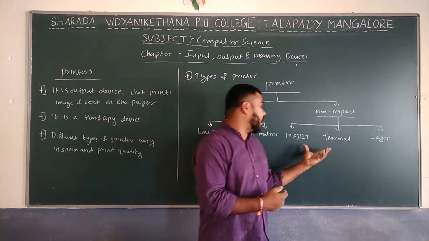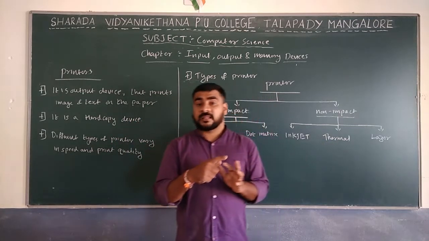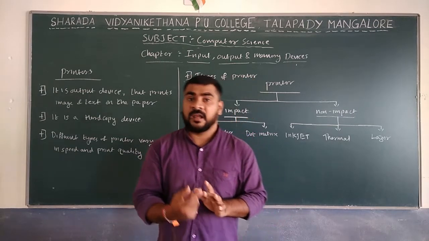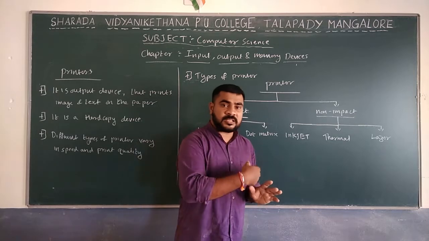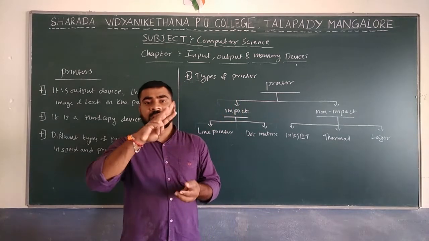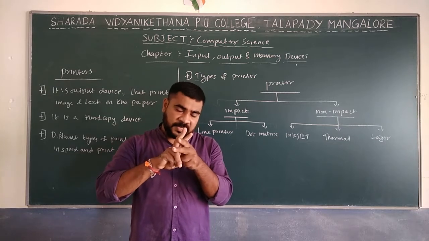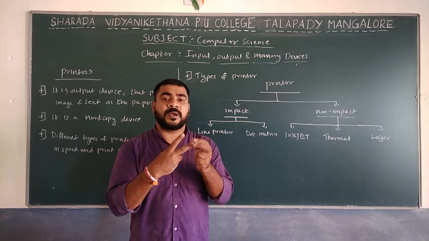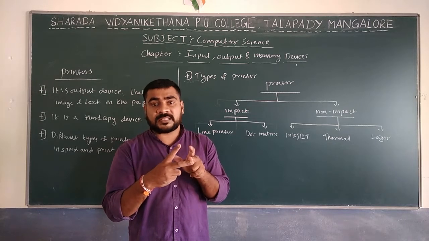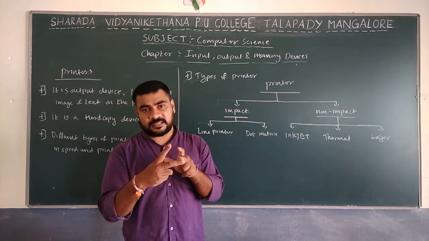For non-impact, here we have inkjet, thermal and laser. There are more types, but I am explaining only these five. Remember, printers are mainly of two types: impact and non-impact. Impact is again of two types.